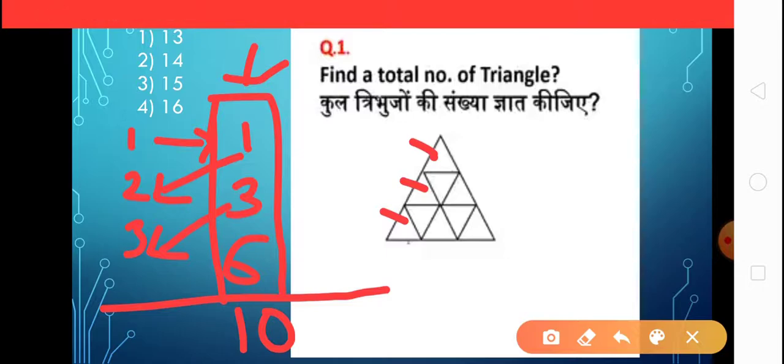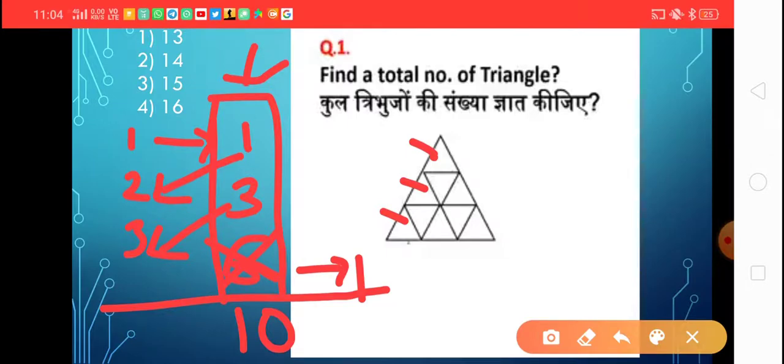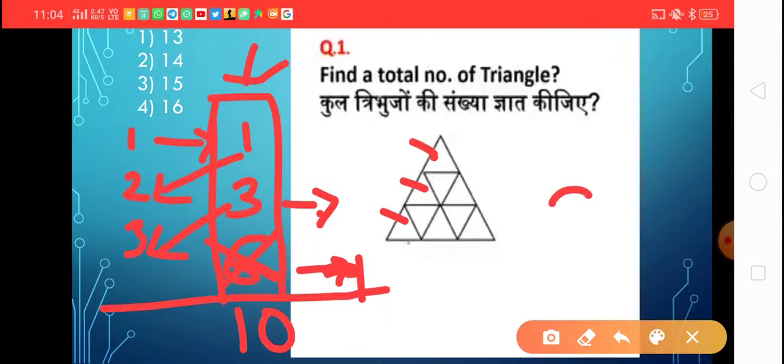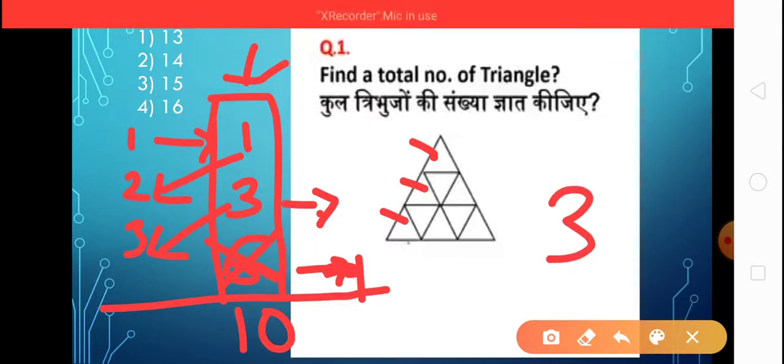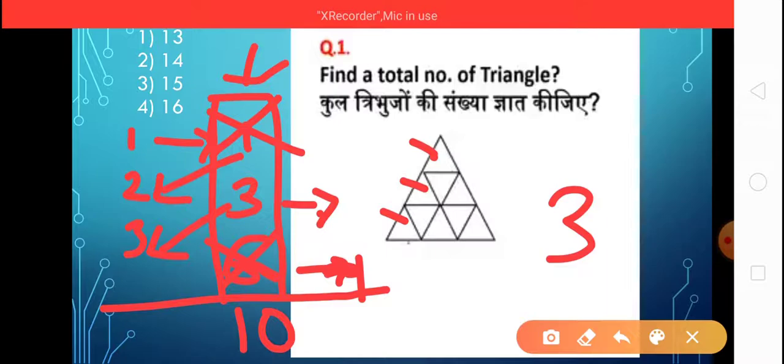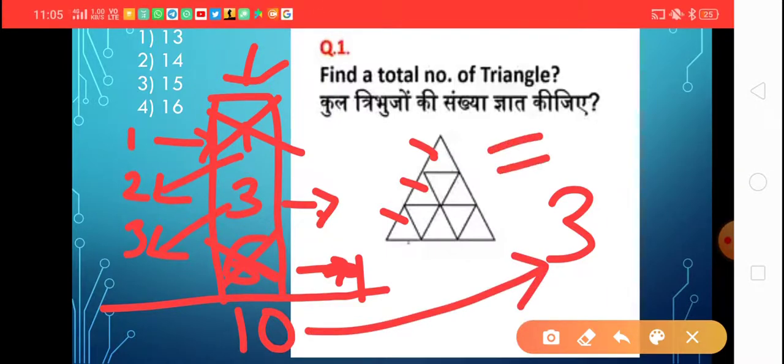What I mean to say is, we are starting from the base, so we will eliminate 6 because it is at the odd place, that is the first place. 3 is at the even place, so we will take this 3 here. And this one is at the third place, which is again the odd place, so we will eliminate it also. So we have to add this 3 to this 10, so the answer comes out to be 13.